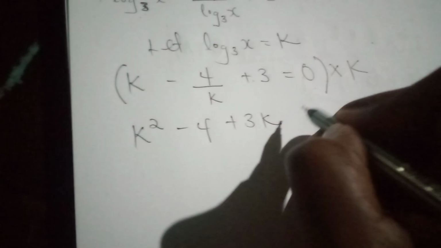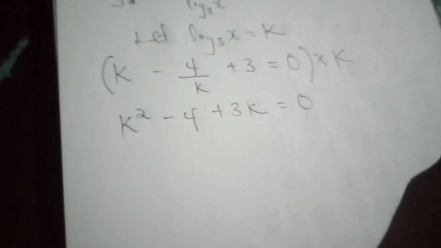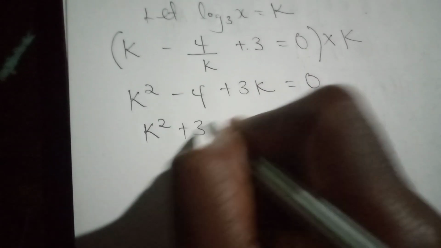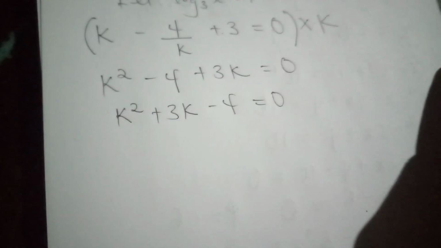So that is k square minus 4 plus 3k. For this k and that, they are going to cancel. That times that is equals to 0. That is k square plus 3k minus 4 is equals to 0. So product, sum, factor.